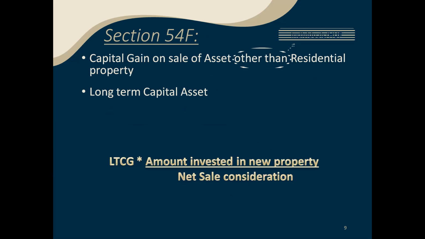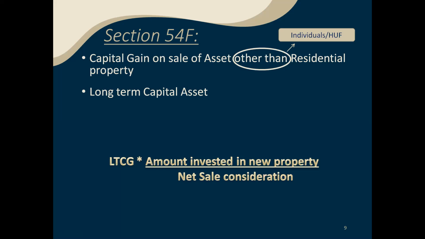For exemption, 54F is capital gain on sale of an asset other than residential property. That is, say you have sold a land, but the investment should be in residential property. Only then is this available. So it is available only for individuals or HUF. Again, it is eligible only for long-term capital asset.